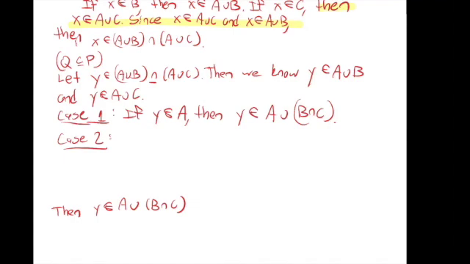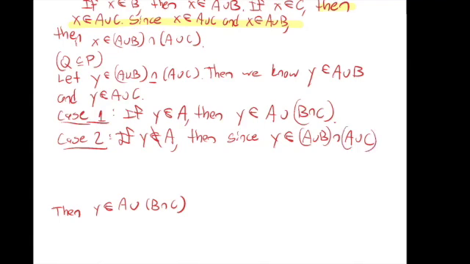Case 2 might be slightly more to justify, but case 2 could be if y is not in A. That would tell us that if y is not in A and it's in here, then it's got to be in B, and it's also in here, so it's got to be in C.